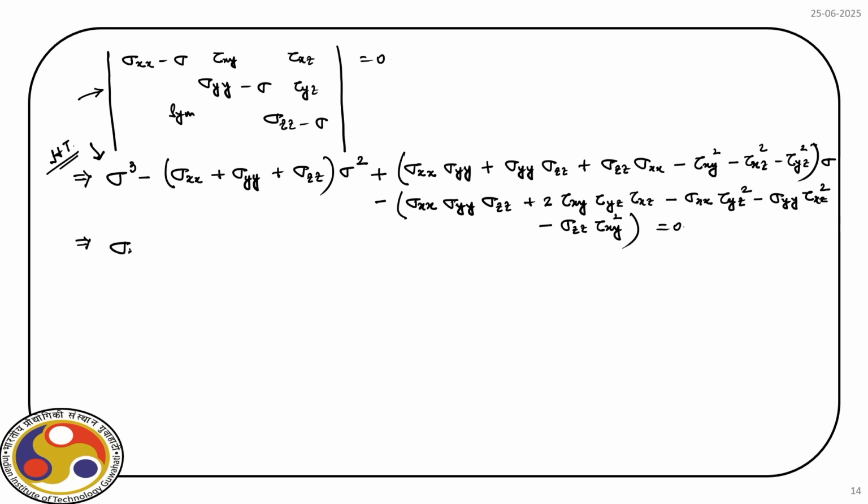We have sigma cube minus I1 sigma square plus I2 sigma minus I3 is equal to 0. So, that is the cubic equation in the compact form.